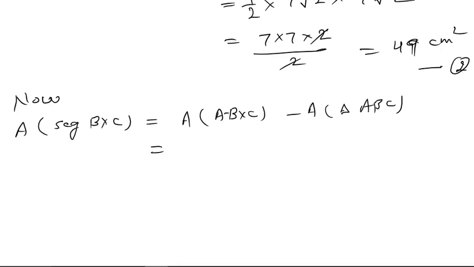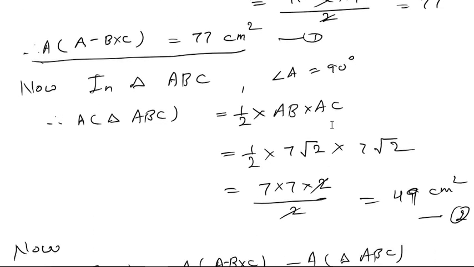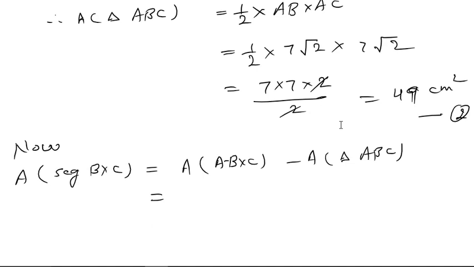So area of sector we have got 77 and area of triangle we got 49. So 77 minus 49. 17 minus 9 is 8, 6 minus 4 is 2. So this is 28 centimeter square. This is your area of segment.